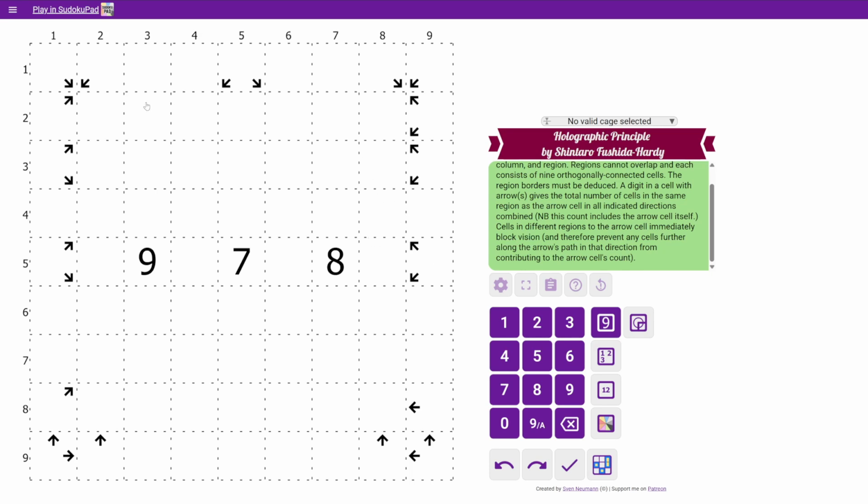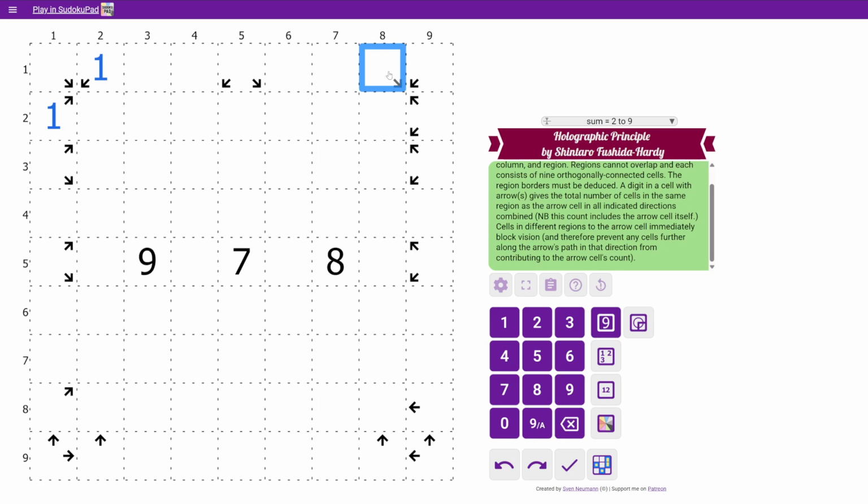So the first thing was that these two right here can only be a 1 or a 2, but if they were a 2, then they would be in the same region and there would be two 2's in the region. So they are a 1. And this one was also forced to be a 1 or a 2.